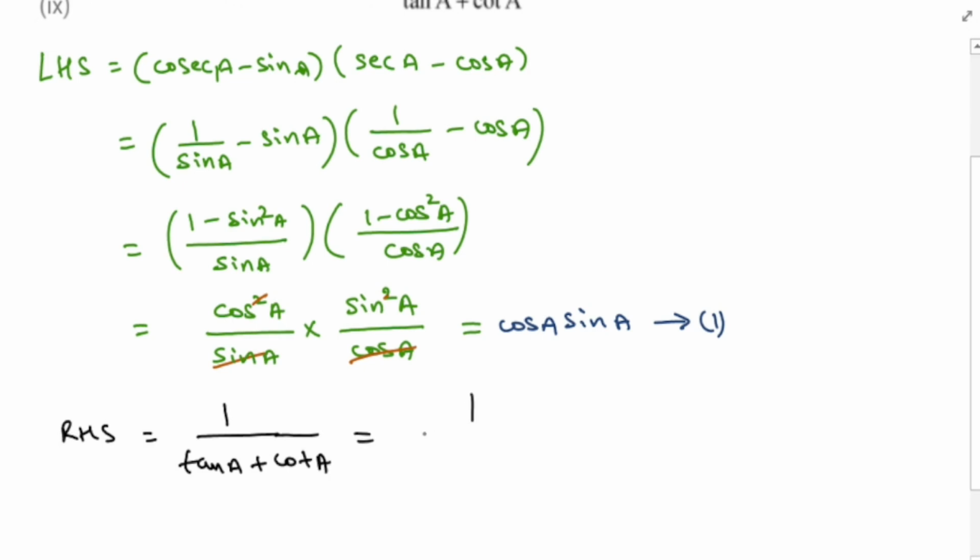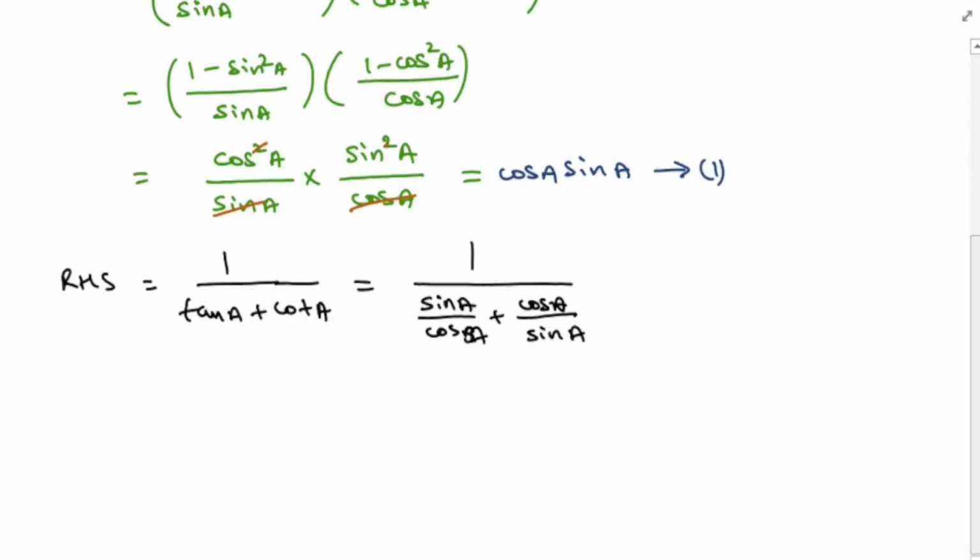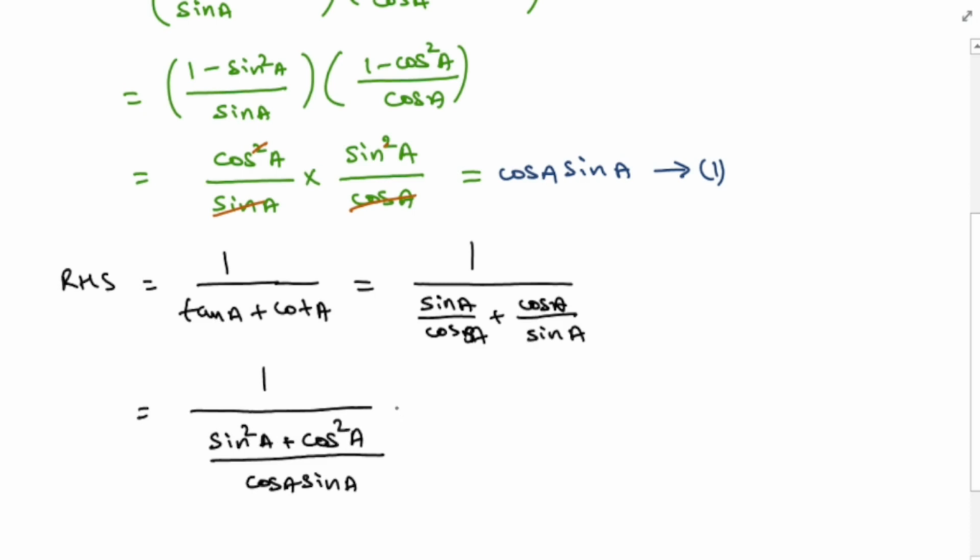This equals 1 divided by sin A divided by cos A plus cos A divided by sin A. In the denominator, the LCM is cos A into sin A. Sin A into sin A is sin square A, plus cos A into cos A is cos square A. This cos A into sin A comes to the numerator and multiplies with 1.